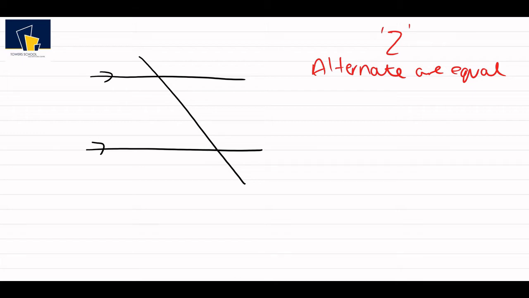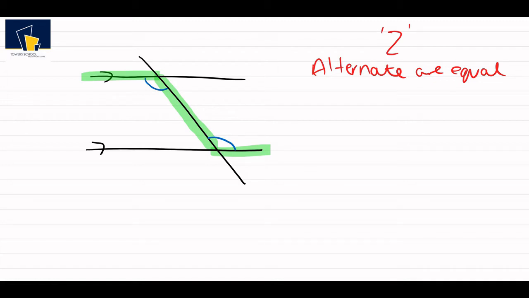So let's take a highlighter. Let's say I created a Z shape on here. So this line here, that line there, and that line here. Yes, it's a little bit of a stretched Z. That is absolutely fine. So all this means is that the angles in the corners of the Zs here and here are going to be the same because they're alternate angles.